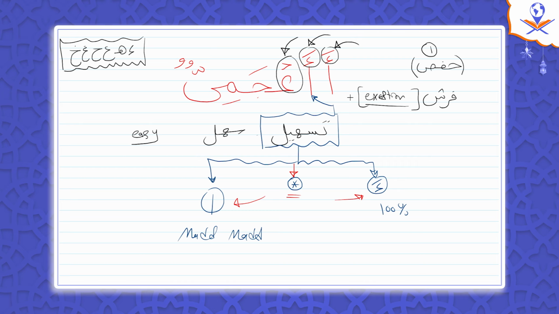It's in between, which is ha, ha, ha. Very easy. So it becomes a, ha, a, ha, أعجمي.